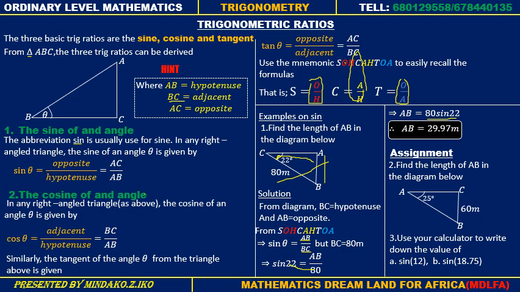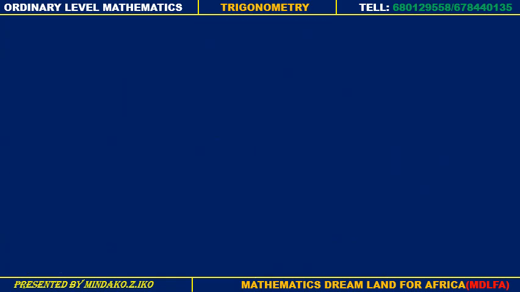Okay, let's now move to the next. I think we are going to move now to the examples. We are going to look at the examples on cos and tan. Okay, so we are going to look at our examples on cos or the cosine.